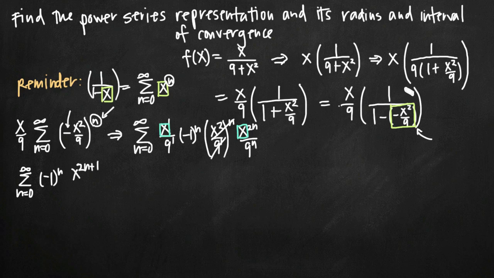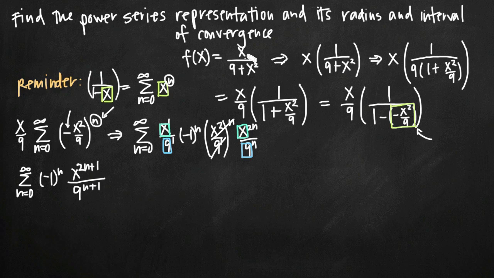We just add them together. Same thing here with our denominator. We have 9 to the first power and we have 9 to the n power. So we can combine them and we can say this is divided by 9 to the n plus 1. We just add those exponents together. Now we've simplified this as much as we can. This is our power series representation of the original function f of x.